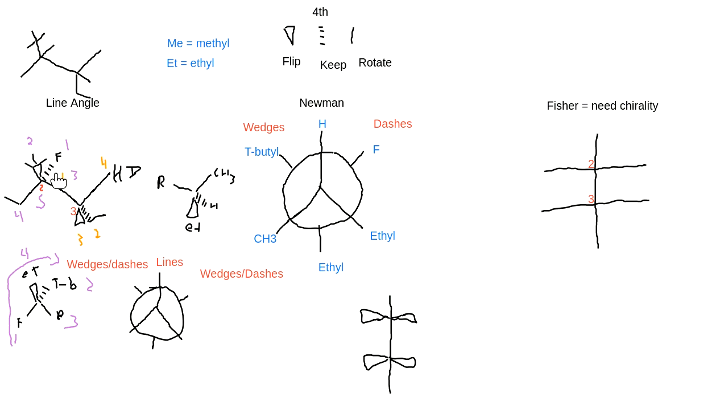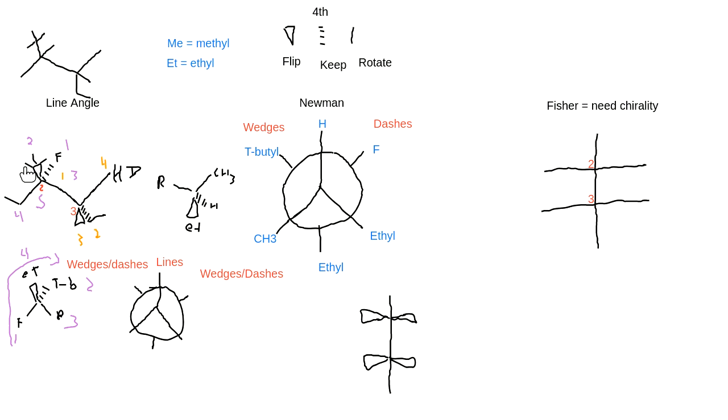So I rotated all 3 of these clockwise. I did this because I want to get my fourth group either on a wedge or a dash. If I went counterclockwise, I would have kept the chirality, and because I went clockwise, I had to flip it.